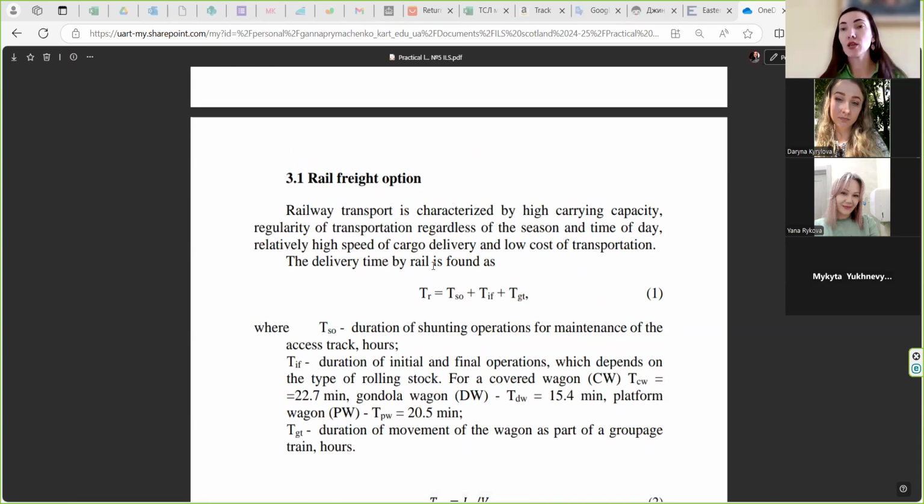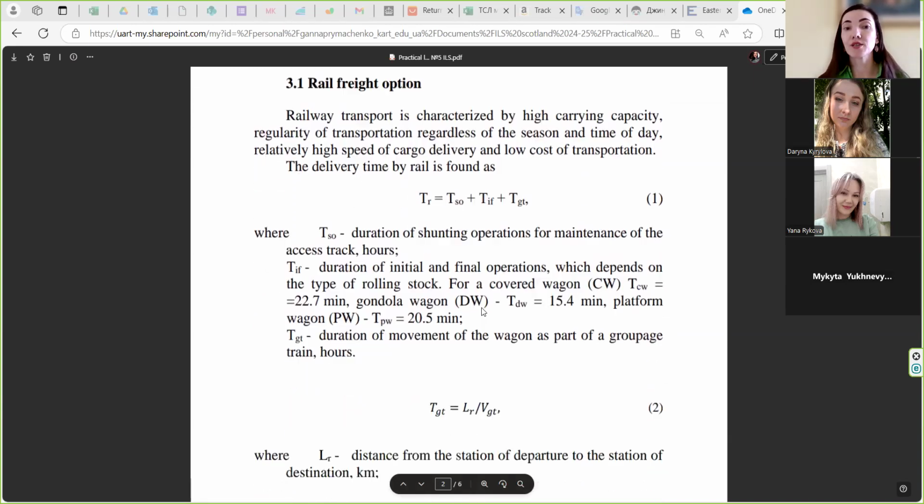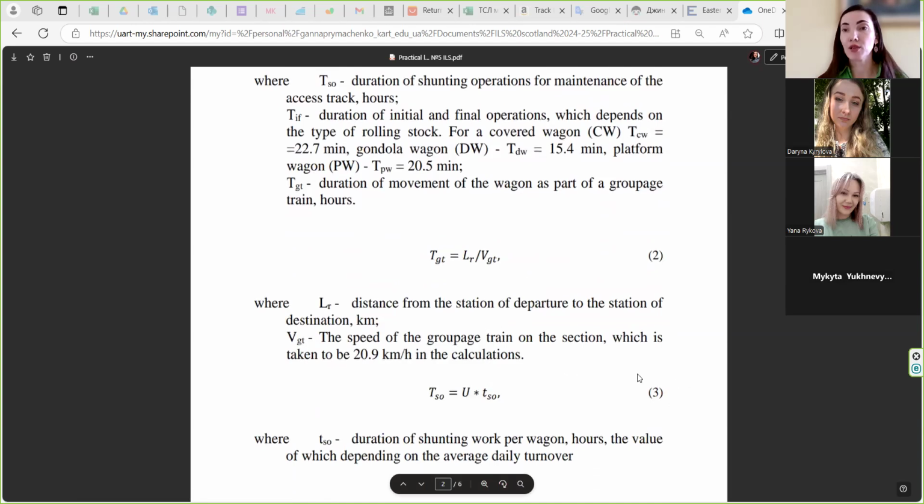It contains 3 parts of time. The first part of time is big T with index SO. It is the result of our formula number 3. We calculated it in the first part of the lessons. Please find it now.